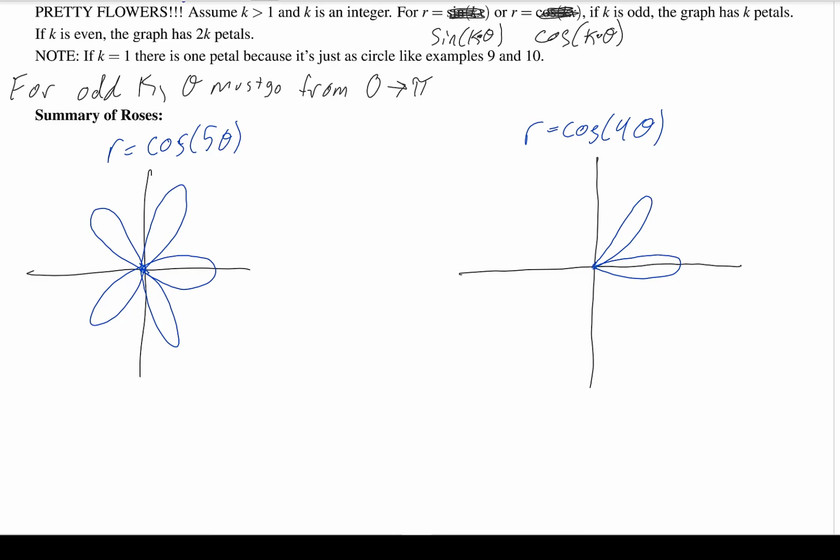I also know that for cosine k theta, my first petal always starts on the x-axis. What I mean by that is that here's my first petal starting on the x-axis, here's my first petal starting on the x-axis. So that's a pattern for your cosine of k theta.